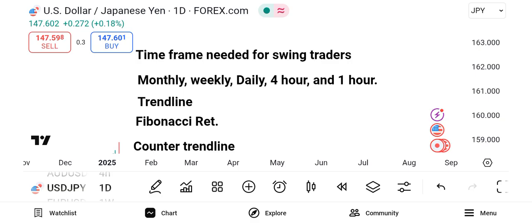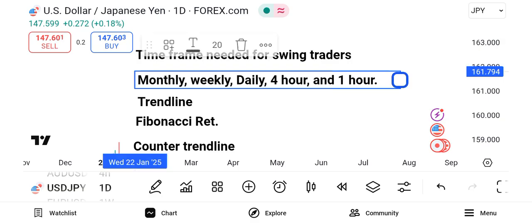I will also be breaking down for you guys what you do on monthly, weekly, daily, and then 4 hour and 1 hour, mostly for your entry model. Once you've identified the overall bigger picture on monthly, check how the candlestick has formed on the monthly.